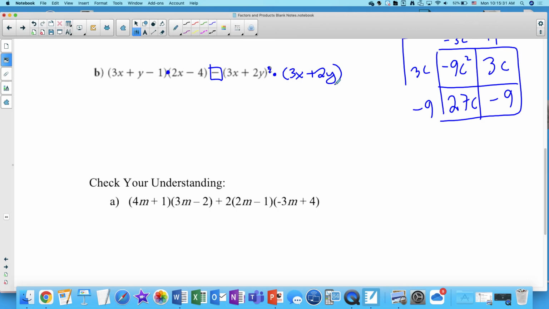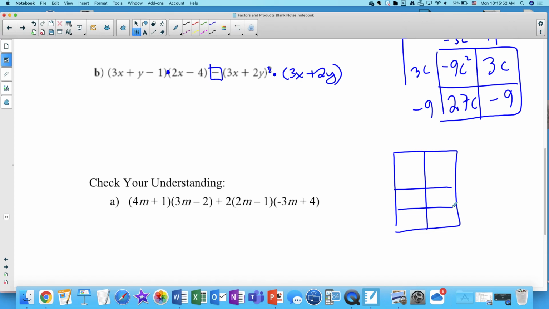Over here, this is going to be 3 by 2, or 2 by 3, if you make a box. So this is 3x plus y minus 1, times 2x minus 4.